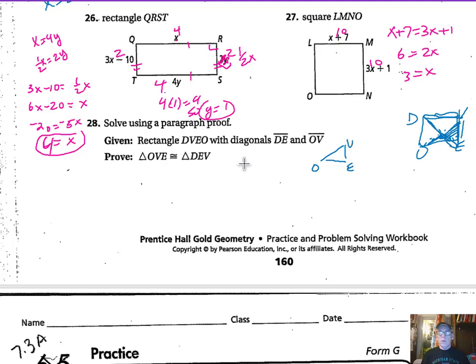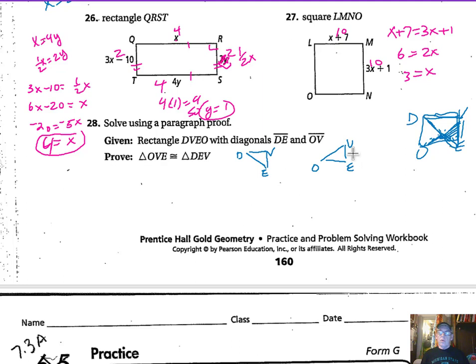And then the other triangle that we're dealing with is this one here, which is the DVE triangle. Well, DEV, D to E to V. And then this one was O to V to E. So they want to show these two triangles are congruent.